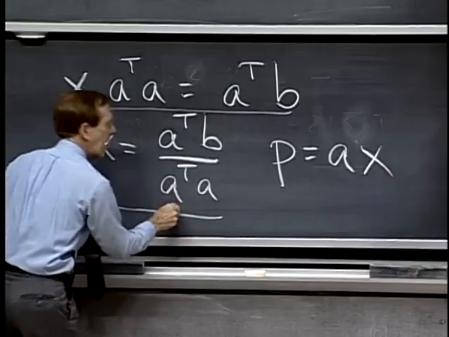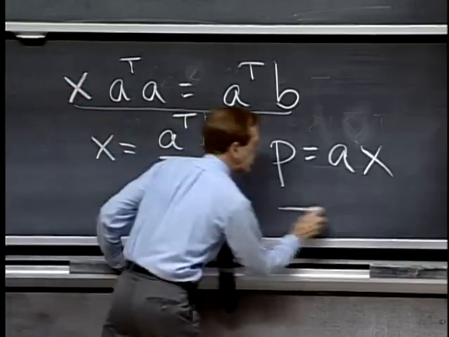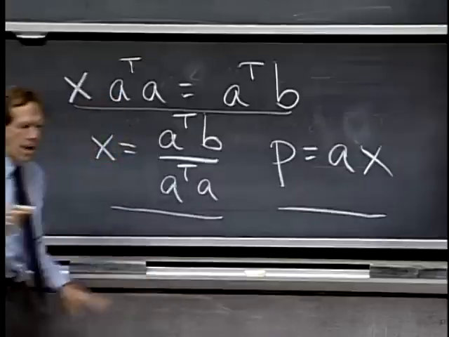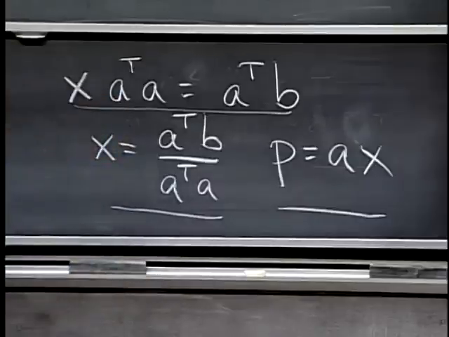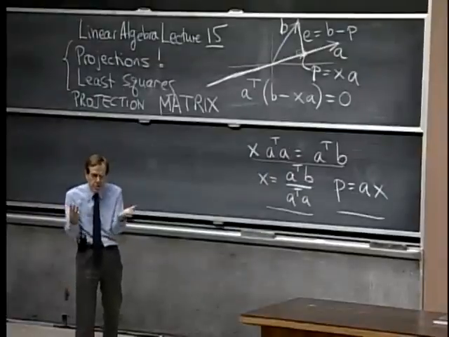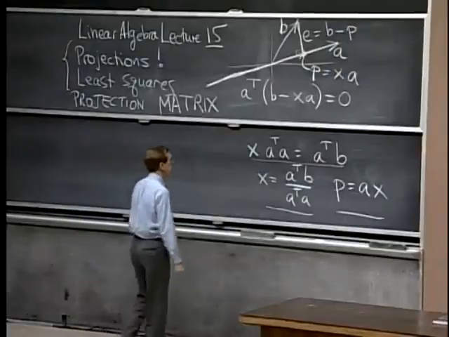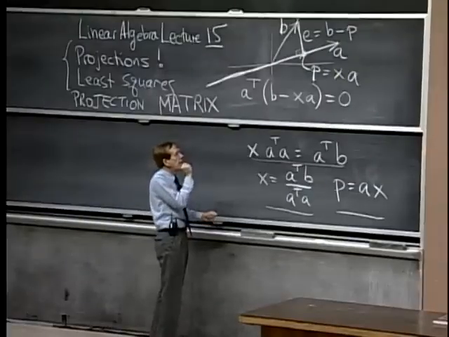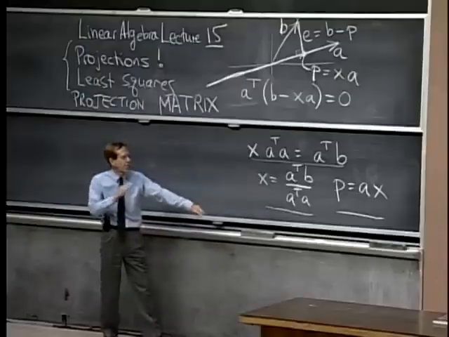Here's the answer for x, and here's the projection. Okay, can I add just one more thing to this one-dimensional problem? One more, like, lift it up into linear algebra, into matrices. Here's the last thing I want to do, but don't forget those formulas.